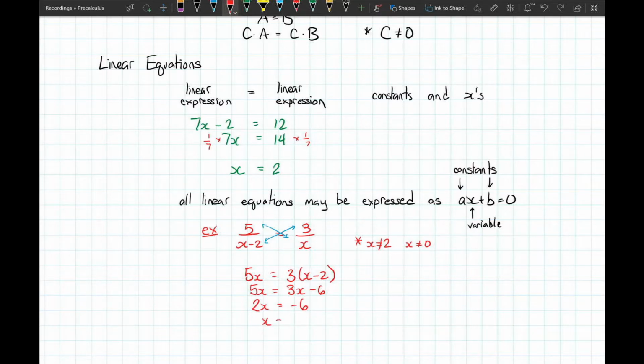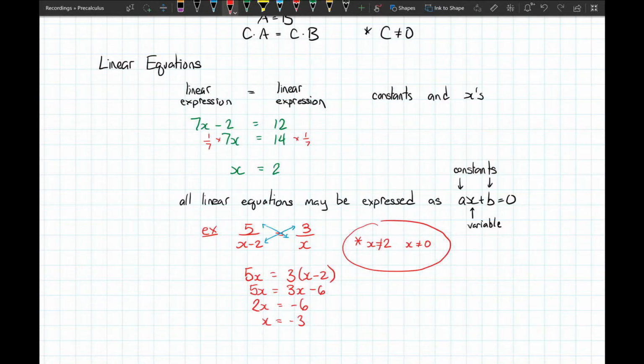That gives us x equals negative 3, and that's our answer. And we can double check against the two restrictions that we had initially, and x equals negative 3 is a value that is allowed in the original equation. So you must make that additional check simply because it wasn't written in linear form initially.